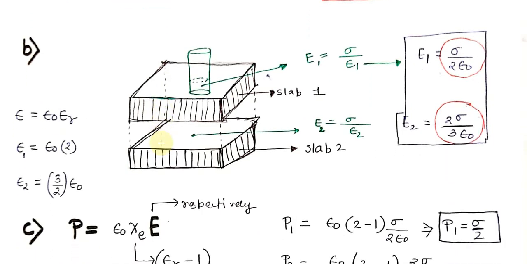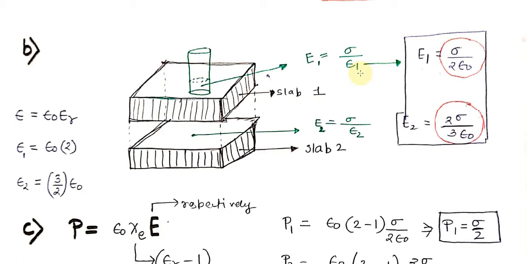Now if we see the two slabs, in the second part we need to calculate the electric field E in both the slabs. So if we see one of the slabs, we can say that the electric field E1 can be written as sigma upon epsilon 1, that is the permittivity of the medium. We can say that epsilon 1 is epsilon naught into epsilon r, that is the relative permittivity or the dielectric constant of the slab.